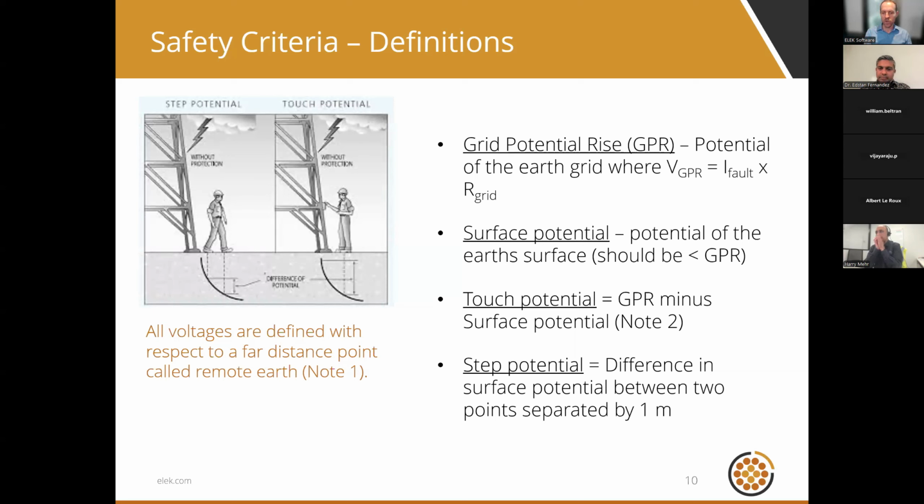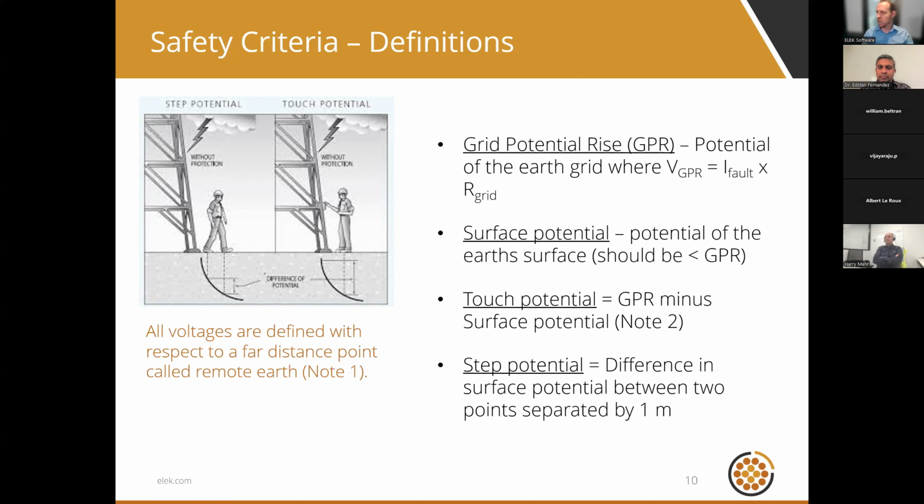There are actual touch voltages that will occur during the fault conditions, and there are safe touch voltage limits. And those two values are what we will determine during the design process in order to assess if the design is safe.